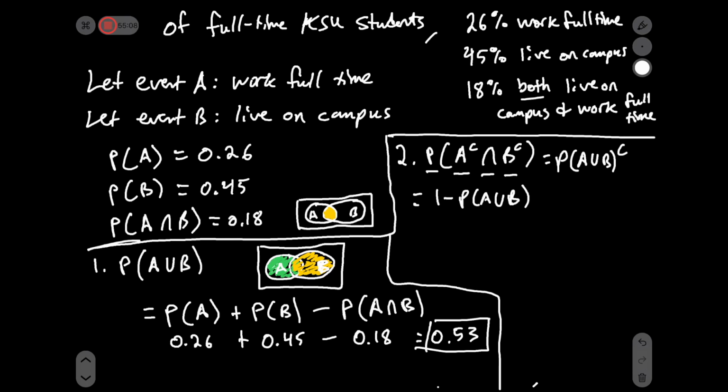So 1 minus 0.53 gives us 0.47. This is the probability that a student doesn't work full-time and doesn't live on campus.